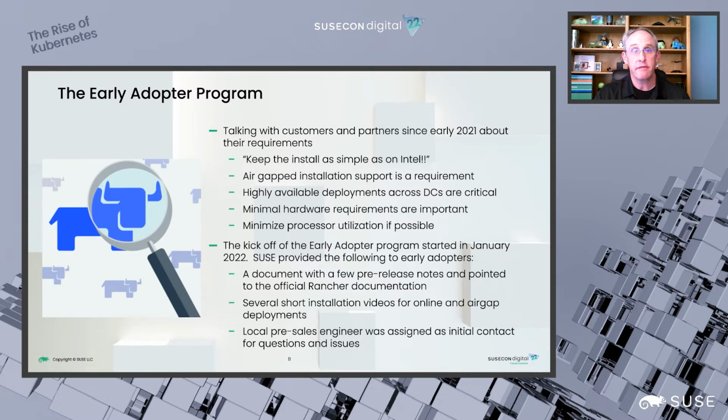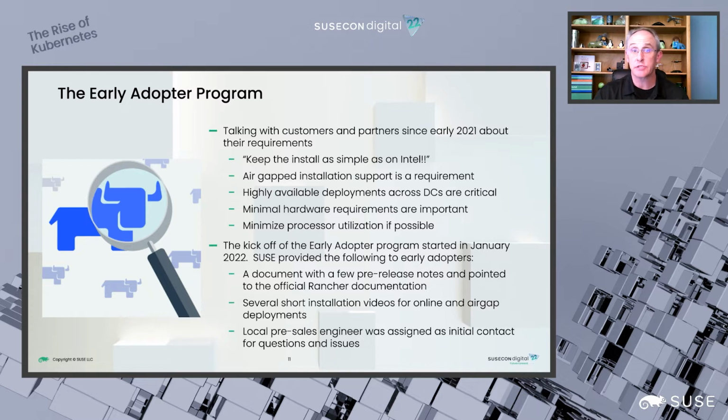But we heard that air-gapped installation support is a requirement. There was a particular customer where security was extremely high, and their networking team did not allow them to access the internet from their Z instances.